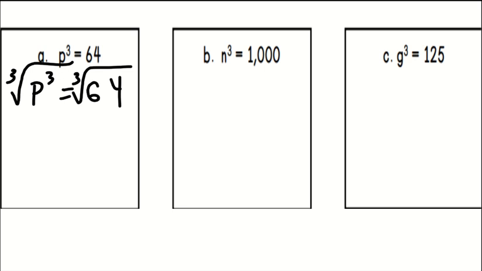Cube root of something to the third power is just going to give you whatever that something was. Then, when we're taking the cube root of 64, we're looking for what number times itself 3 times equals 64. Jaden already told us that'd be 4. 4 times 4 is 16, times 4 makes 64. Everybody good on that?